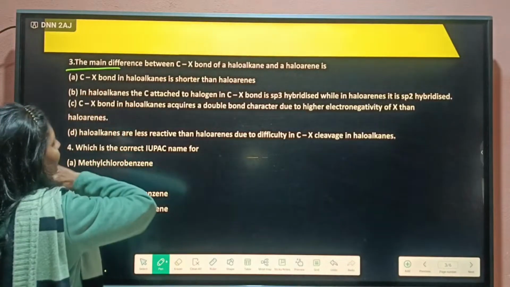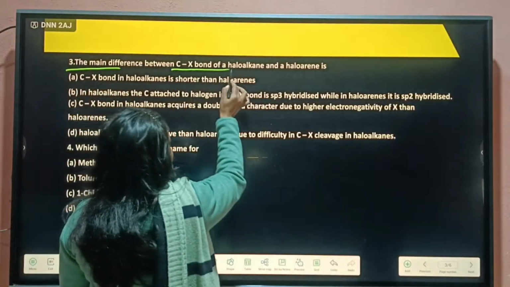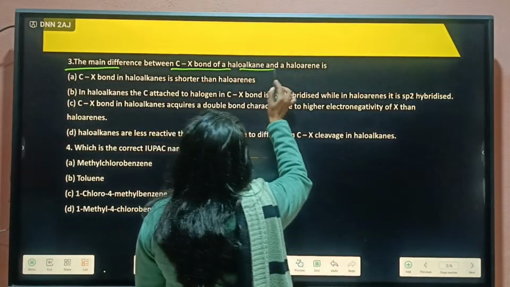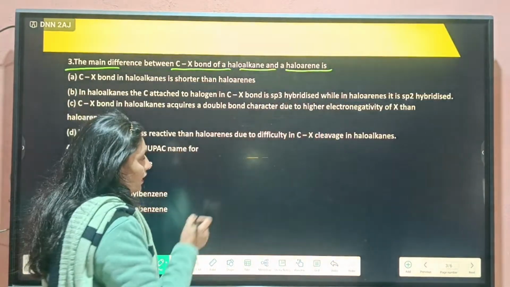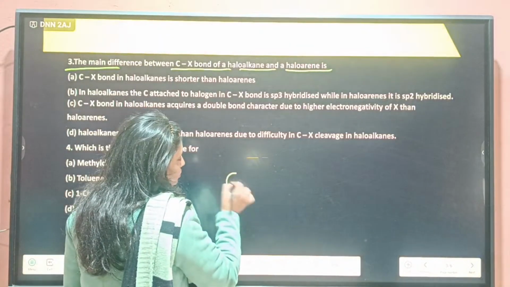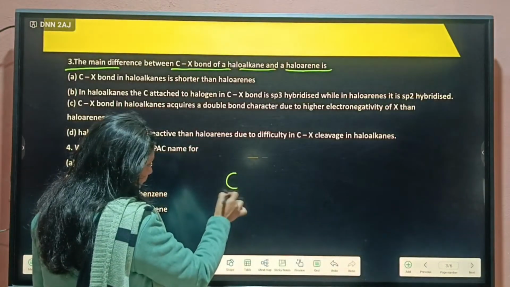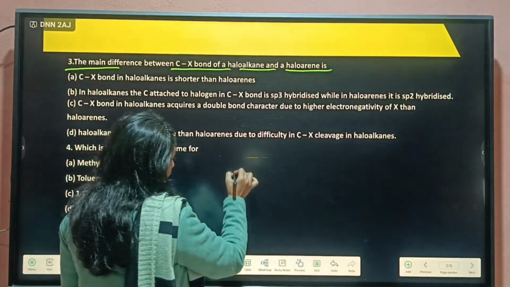The main difference between the CX bond of a haloalkane and a haloarene is. What is a haloalkane? Alkane, students, with any R group we are having.